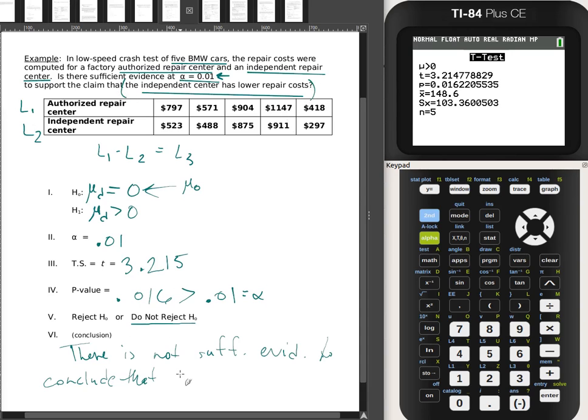We want to put that here, that the independent center has a lower cost. It's not possible to support the claim with our evidence. Sufficient evidence, and it can even be possible to make this a little bit more robust by saying at the alpha equals 0.01 level. That can be even a little bit better.